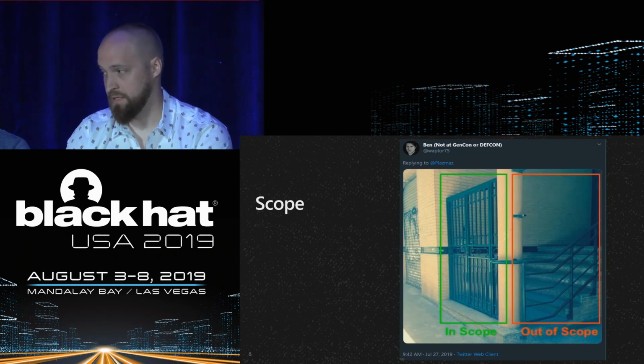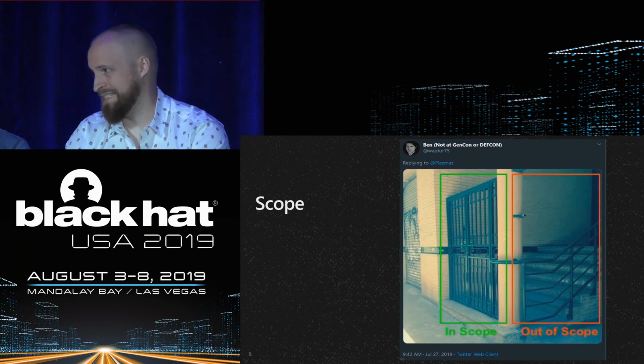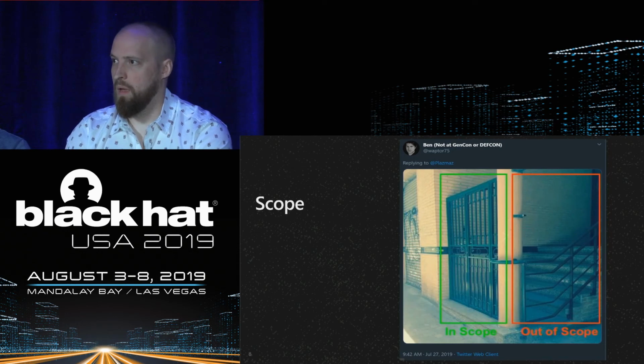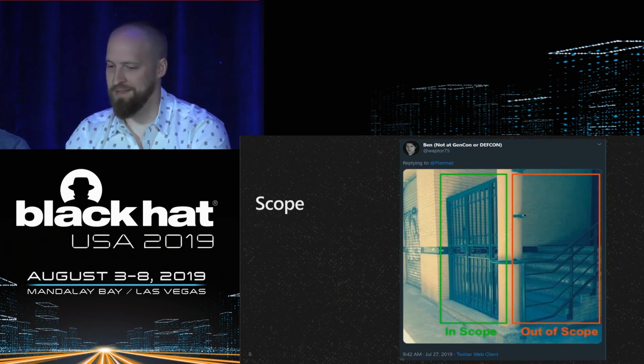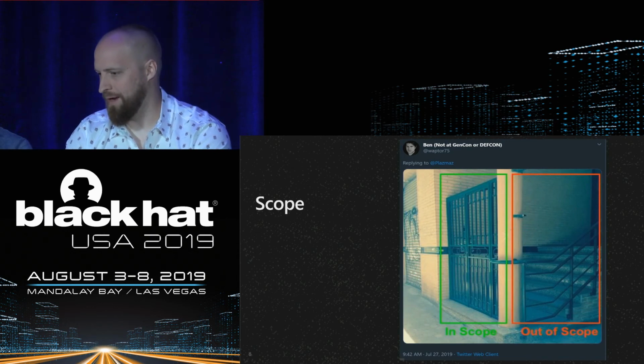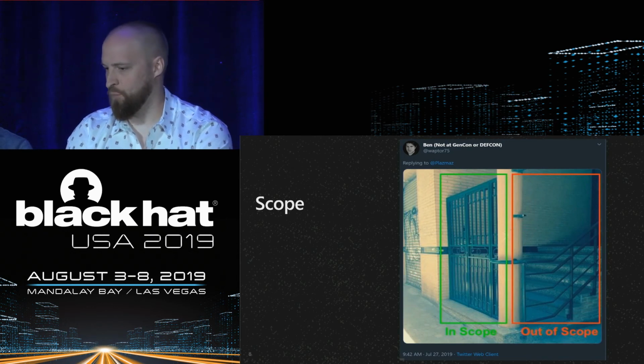Is there a valid attack scenario that can cause damage? And is there something we can do to fix it? But there are things that meet those rules of thumb that are outside of our explicit scope, and then what do we do in those cases? If we get a submission for a WordPress site that we operate, and the bug is in some WordPress plugin, but there's a fix we can do to mitigate right now.